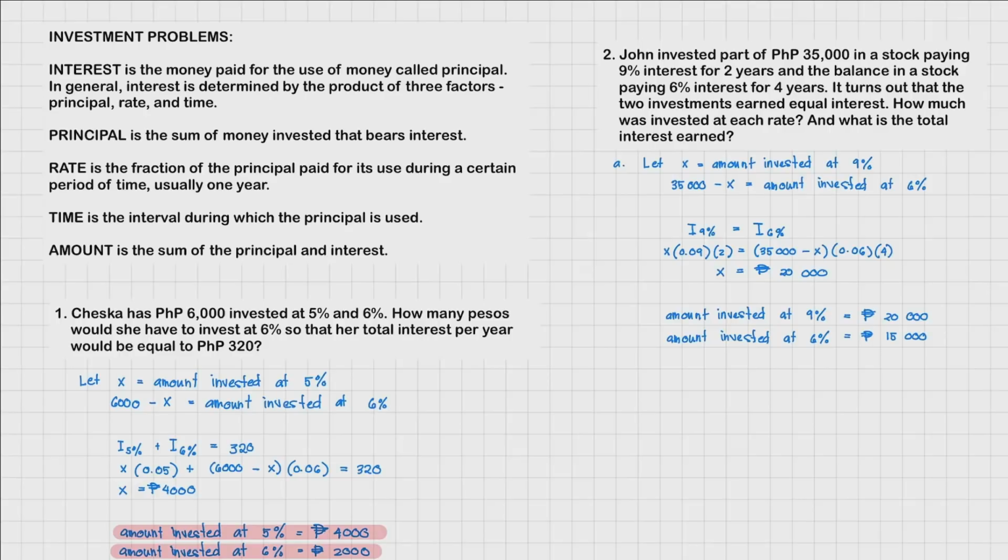Right. Now for the second part, what is the total interest earned? So for part B, let's highlight this first. So this is our final answers. So for part B, the total interest earned, let T be our total interest earned.